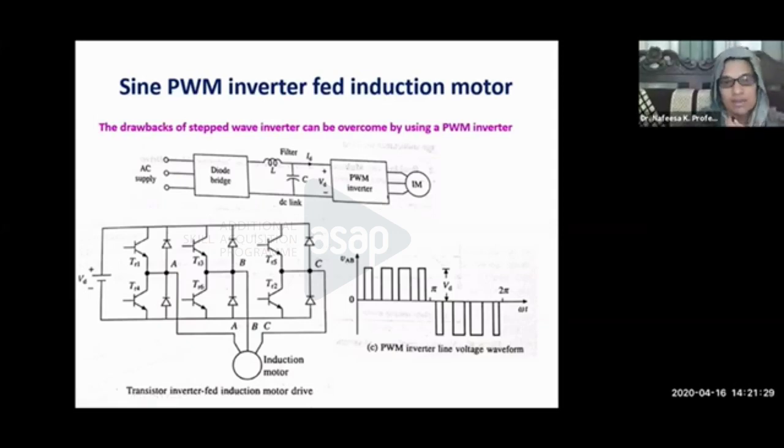Now we will see that the same circuit diagram can be used for this PWM inverter also. The inverter setup is the same, with six switches: positive group switches and negative group switches. Here the circuit diagram uses transistors.